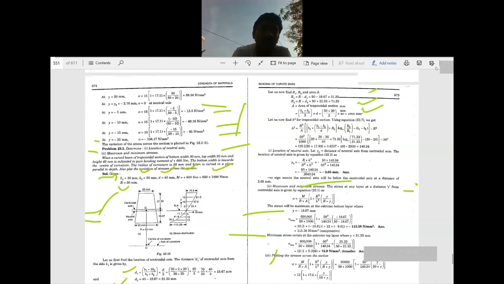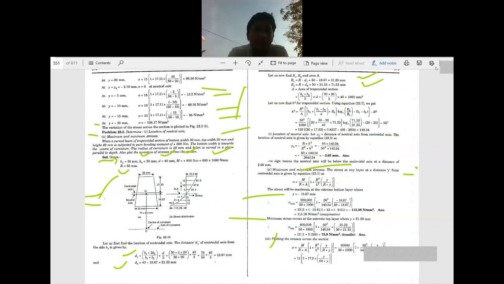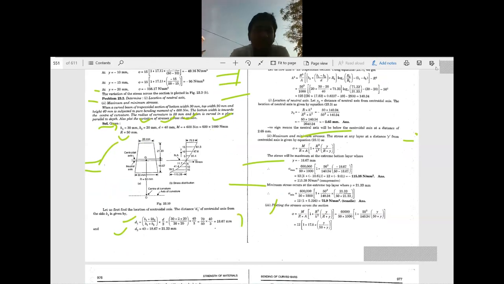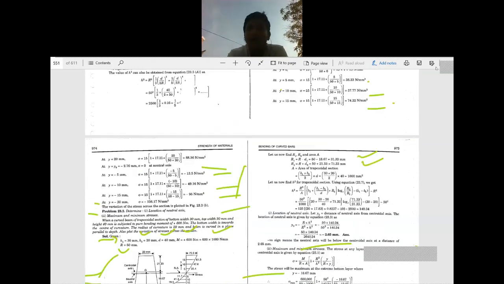Here D1 is equal to (B1 plus 2B2) by (B1 plus B2) into D by 3. You get D1. Similarly, D2 is equal to 40 minus D1. Then you calculate R1, R2 and the area. Area is (B1 plus B2) by 2 into D. This is for a trapezoidal section.